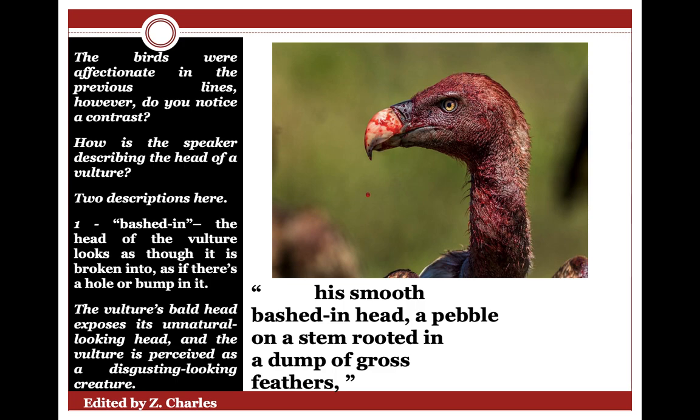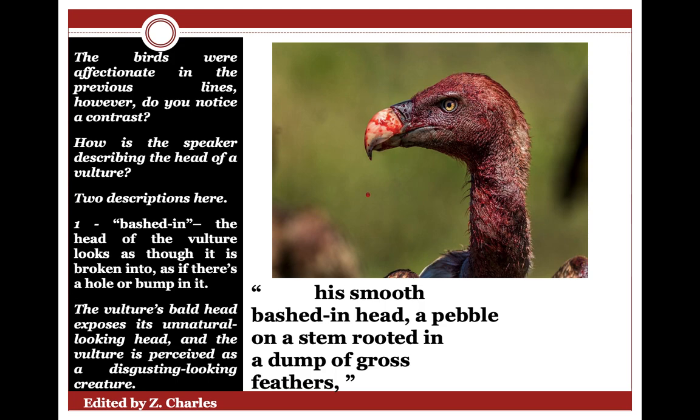So the birds were affectionate in the previous line, however, do you notice a contrast? How is the speaker describing the head of a vulture? Two descriptions here. So the head of the vulture is described as bashed in. Okay? So the head of the vulture looks as though it is broken into, bashed in, as if there's a hole on top of it.